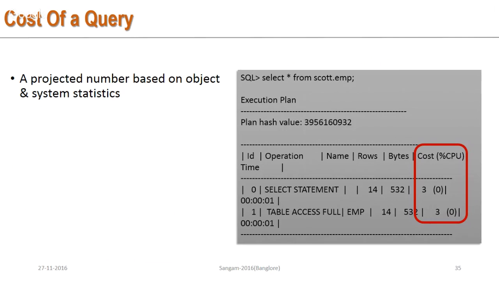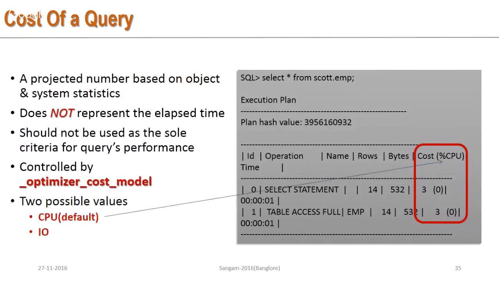But it can be changed, and that's possible by a parameter called optimizer cost model, and you can see that the default value of this parameter is CPU, and that's the reason the CPU is shown to you over there. But one thing which is important, and very important to remember, is that the cost of a query does not represent the elapsed time of the query.